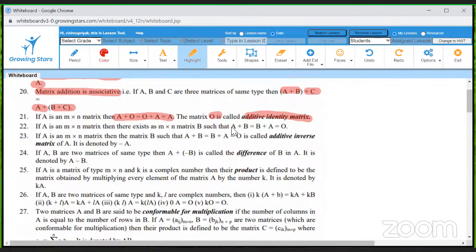If A plus B and B plus A are equal to the 0 matrix, then what do you call it? B is the additive inverse of A, and A is the additive inverse of B.